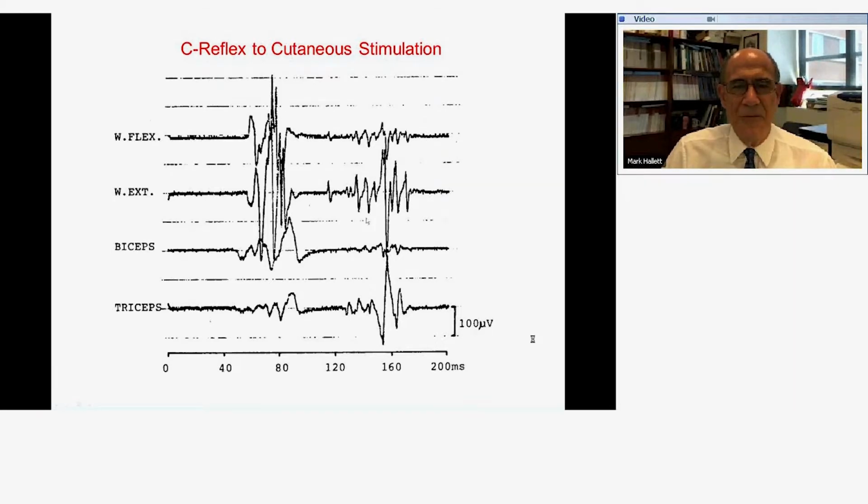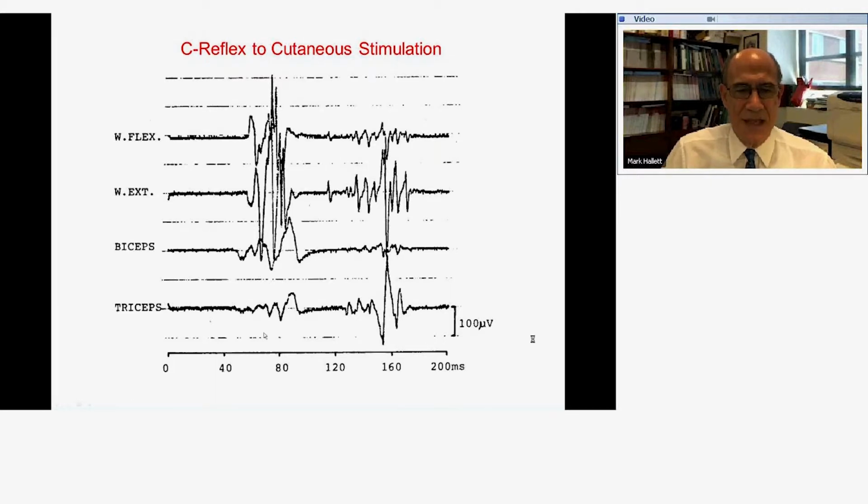This is a very fast time sweep. This is only 200 milliseconds. A shock was given to the finger and myoclonus was produced. So here you have one myoclonic jerk that has a latency of maybe about 45 or 50 milliseconds. It looks long here, but it's actually short because the time sweep is so fast.